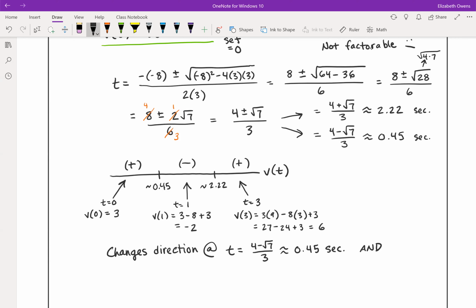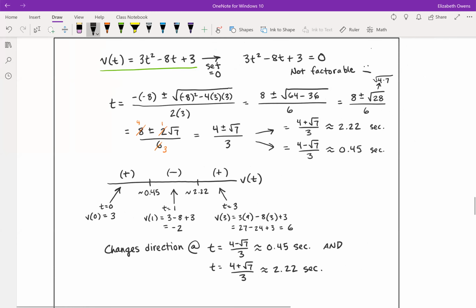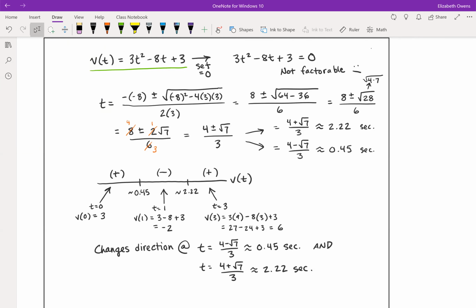And also at t equals 4 plus root 7 over 3, which was about 2.22 seconds. Okay, so there's our answers for that. That one's a bit of a doozy, but hopefully it gets the point across of what we're looking for with changes in direction.